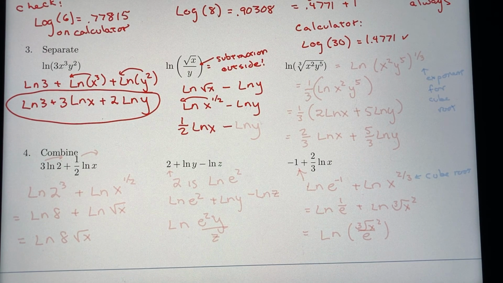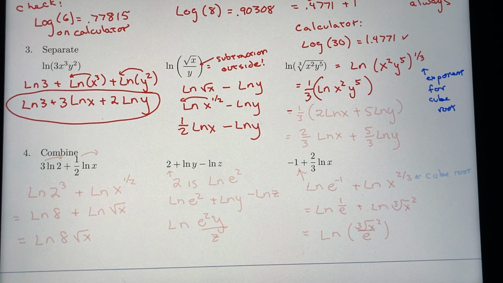Exponent for square roots. Okay. What about this one? We've got lots of exponents going on. Remember, cube root is 1/3 as an exponent. So what we have then is 1/3 ln of x squared y to the 5th.